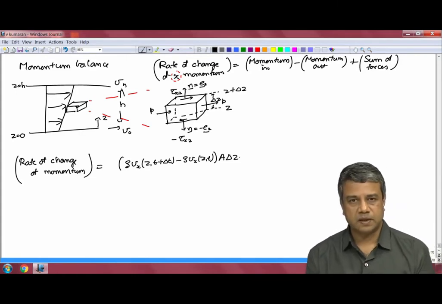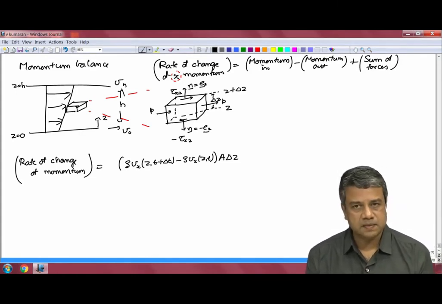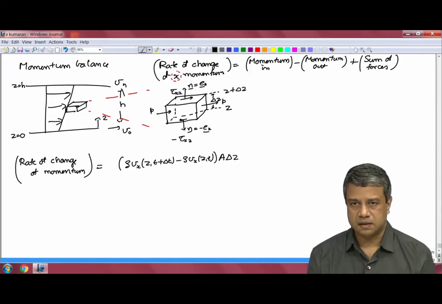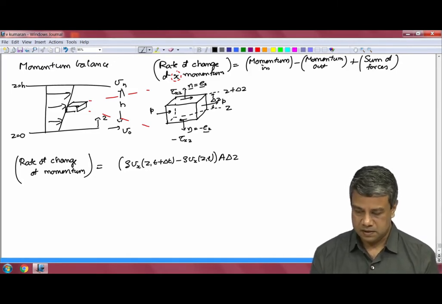Change in momentum density times A times delta z. And I will assume that the density is a constant here, it is an incompressible fluid.